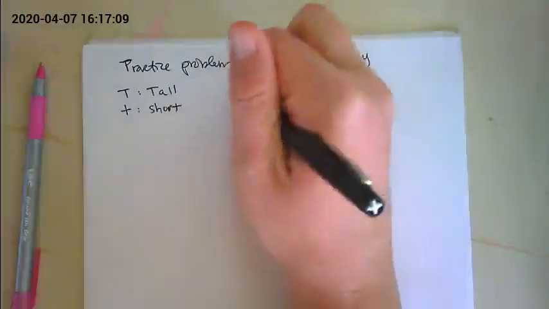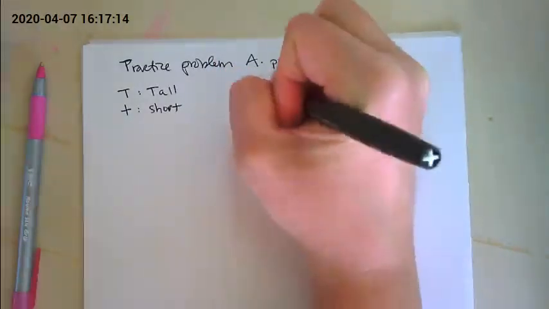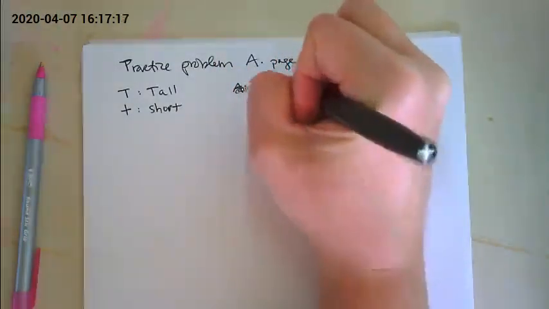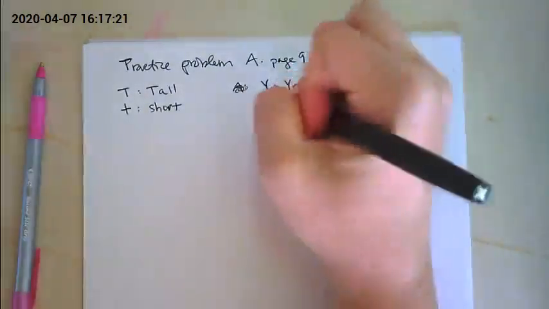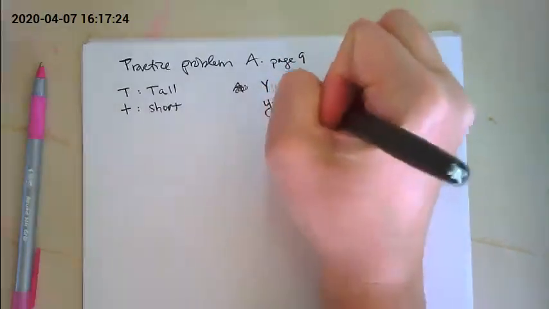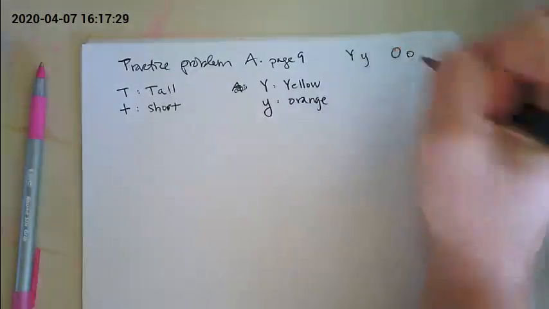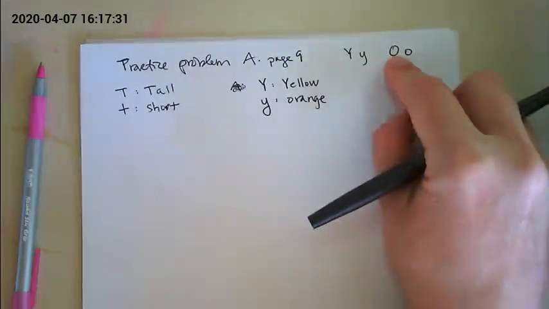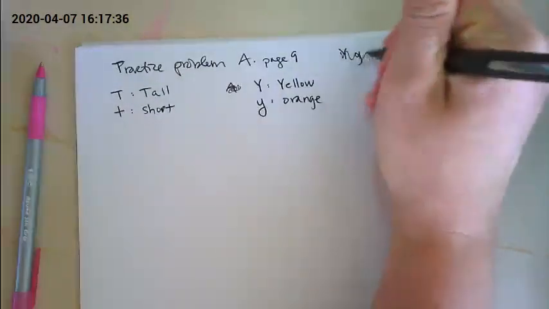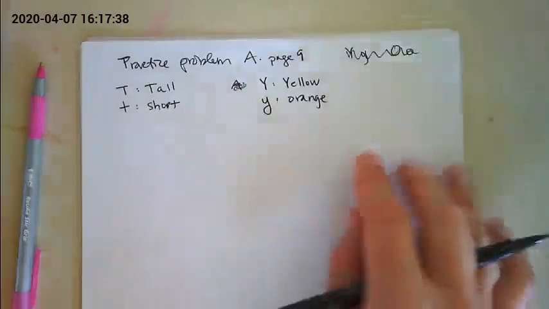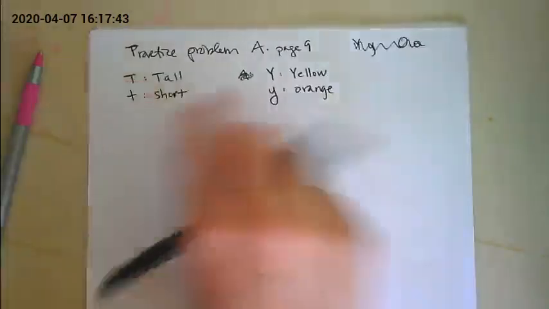Actually, we're not going to use A's. Let's try Y's. I'm afraid to throw you off too much. So this will be yellow, and then we'll do a loopy Y for lowercase, and that will be orange. So I guess those aren't so bad. But imagine if we used O's, right? That would be uppercase, orange, or I don't know. So some letters are better to use than others, but we'll use Y's. Why not? All right. So now we have the alleles we're going to use.